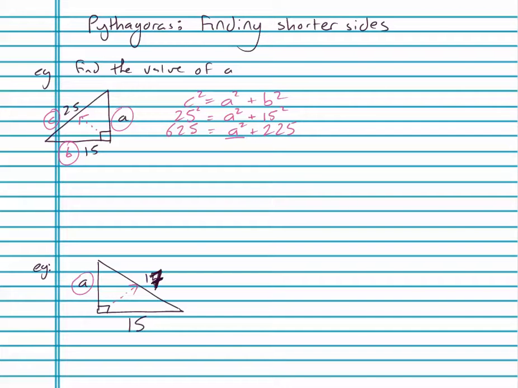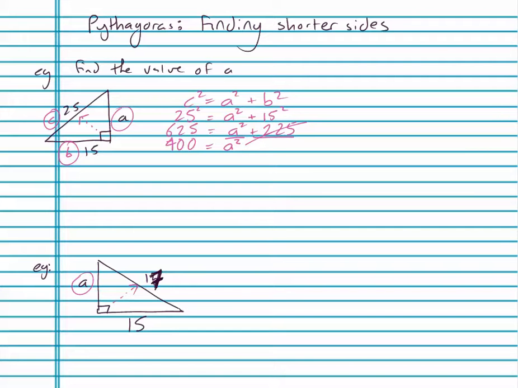I want a on its own, and I start with the pluses and minuses that I have to get rid of. I have to get rid of that plus 225, so I take away 225 from both sides. Take it away from there, and take it away from 625, which leaves me with 400. 400 isn't a though, 400 is a squared.